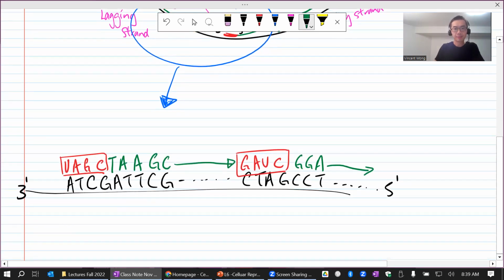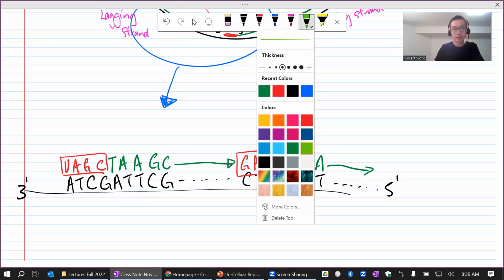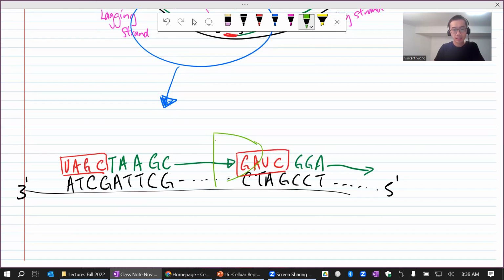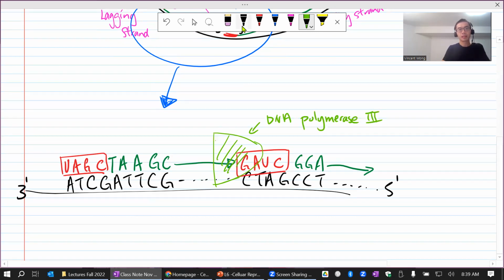Let me choose maybe a different color. This is the DNA polymerase 3. Okay.